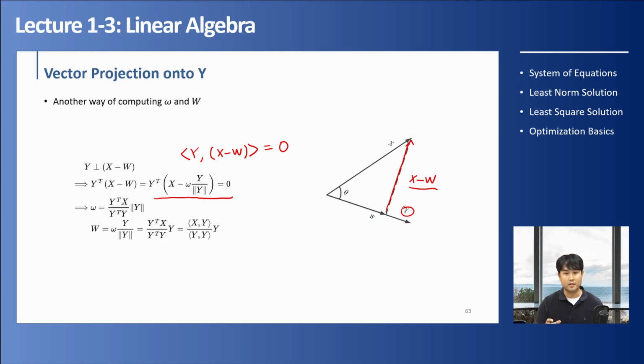And by simplifying the equation with respect to omega or w, we end up with this final expression, which corresponds to the same results that we've obtained in the previous slide. So to summarize, the idea was to use the inner product of two orthogonal vectors to find the value of the projected vector. So we'll be using this second approach in the 3D example.